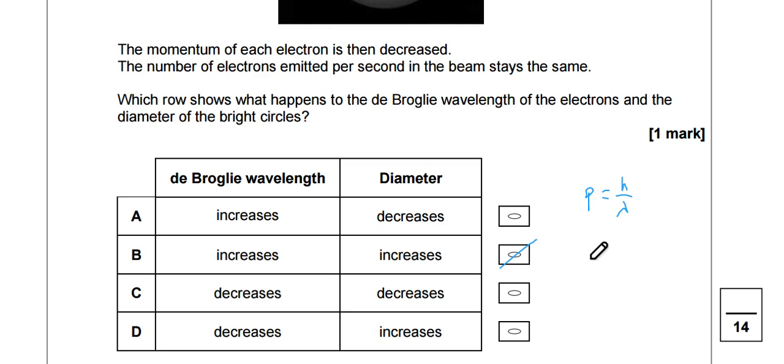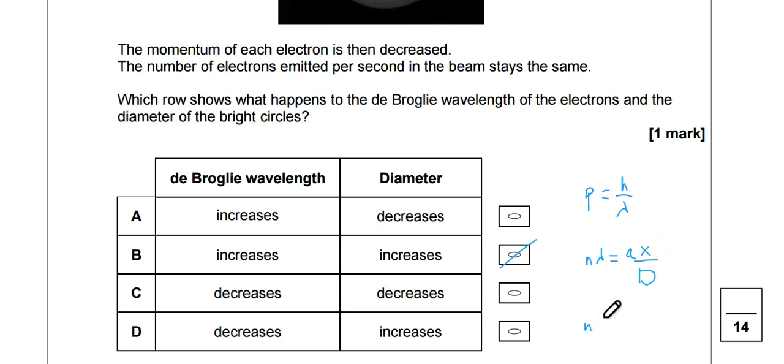Remember, we have n lambda equal, for double slit, to a x over d, this constant spacing, and this distance constant. So as lambda increases, x increases, the distance between fringes, which means it increases in diameter.